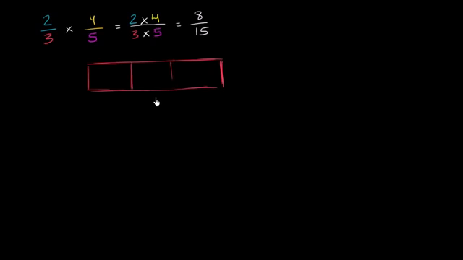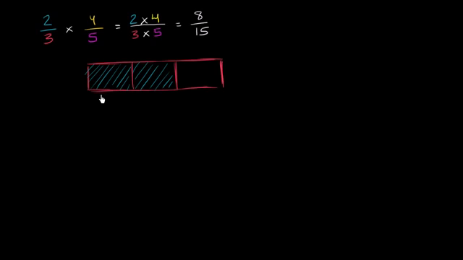Let me do a little bit better job making those equal, or at least closer to looking equal. So here I have drawn thirds. 2/3 represents 2 of them. And one way to think about this is 2/3 times 4/5 is 4/5 of this 2/3.